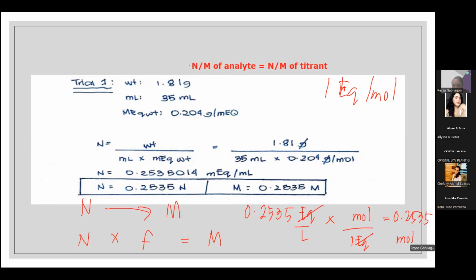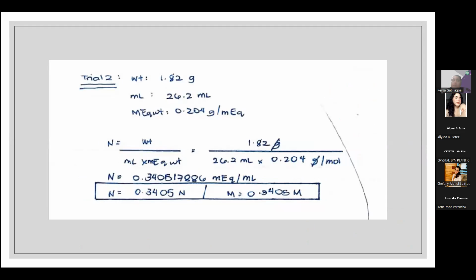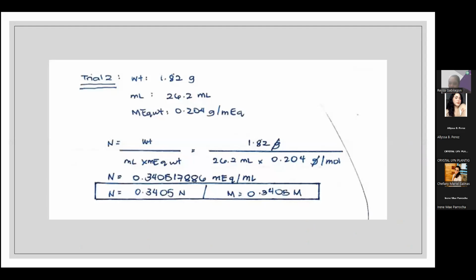Nasa taas na si mole, sa baba si liter. And then remember, moles per liter is equivalent to capital letter M. Okay? So, that is correct. The same, basta 1 ang factor, the same talaga yan ang normality and molarity. Magbabago yan siya pag magbago din ang factor niya.